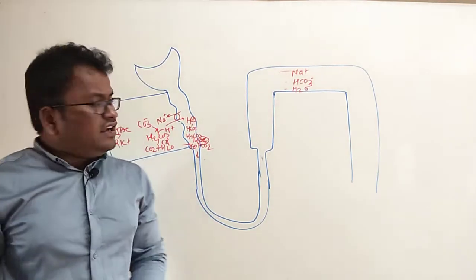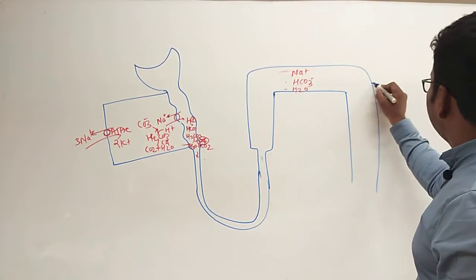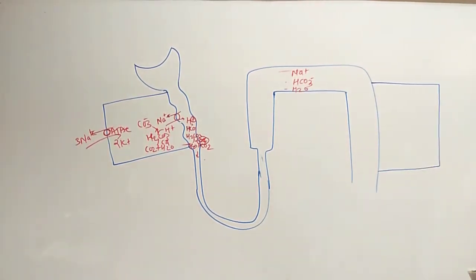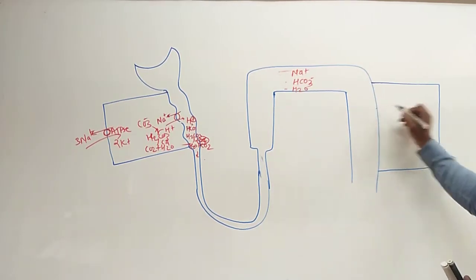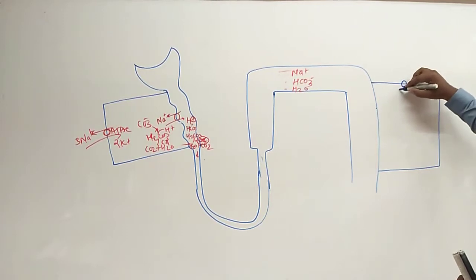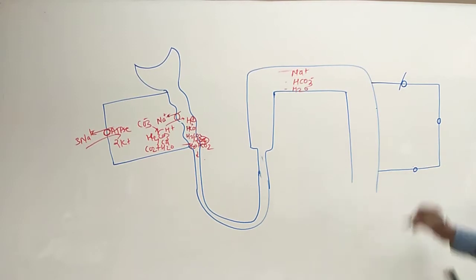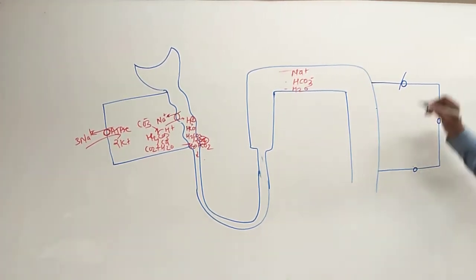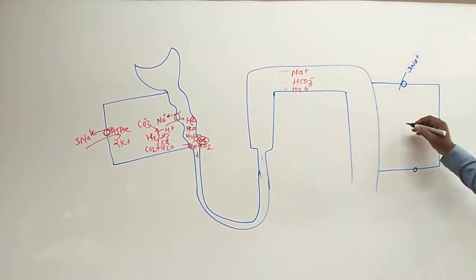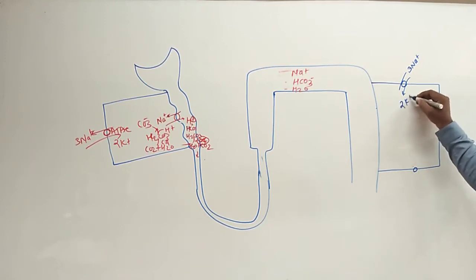Okay, so let's see. This is the collecting duct, and here is the collecting duct cell. This is the luminal side and this is the basolateral side. On the basolateral side there is a special type of pump. That pump brings 3 sodium outside the cell and takes 2 potassium inside the cell.